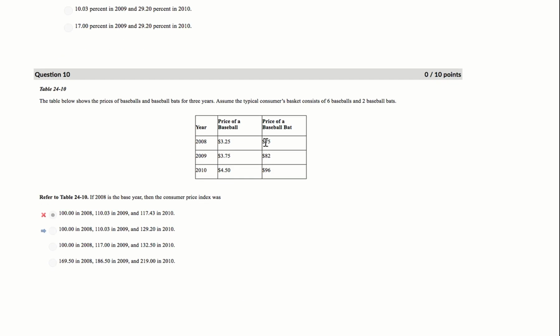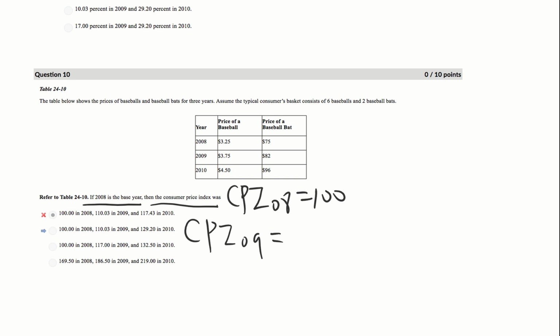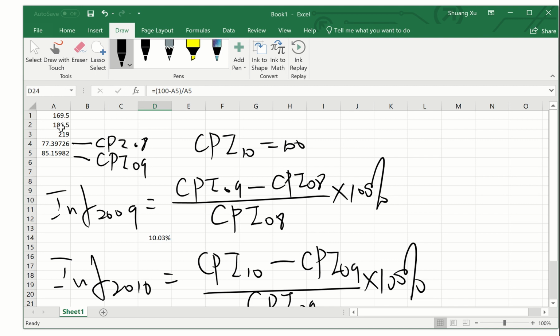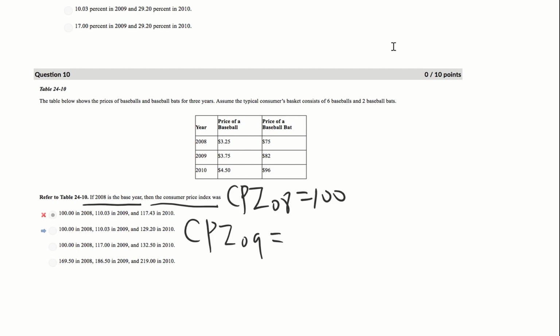Okay, so if 2008 is the base year, then what was the consumer price index? All right, so we're looking for 3 different consumer price indexes. First, for sure, the 2008 price index: CPI of 08 will be equal to 100 because it's the base year. And then CPI of 09 is equal to the basket value of 09, which was 186.5, divided by 08, 169.5, times 100.